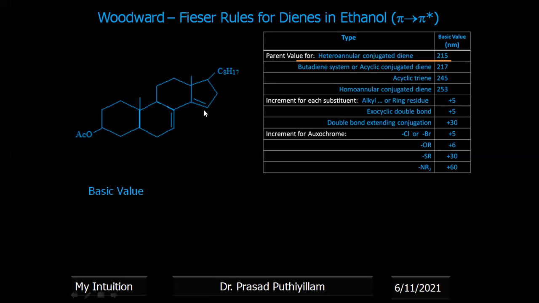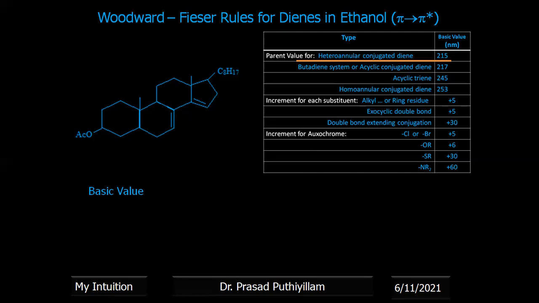Only the double bonds and their alkyl substitution, or exocyclic, endocyclic, or any auxochrome connected to that double bonded carbon atom, only that will disturb the absorption maximum. That only will vary there.